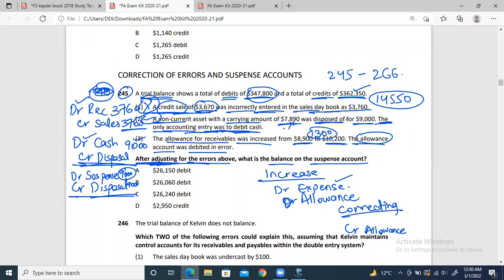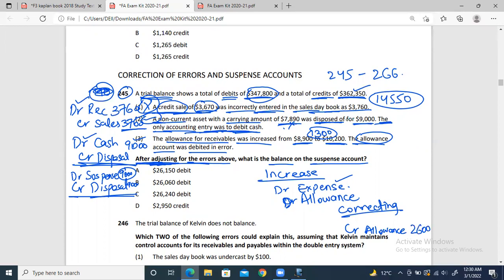So that means we will not credit allowance by 1,300, because if we did, the net effect will be zero. The correct entry will not be made, right? So we need to do credit times two. Exactly, it will be 2,600 credit allowance.